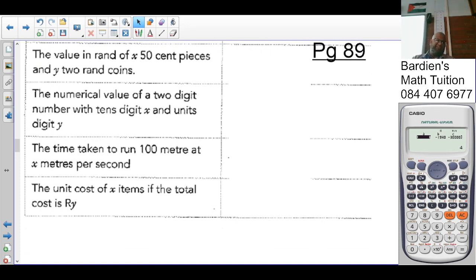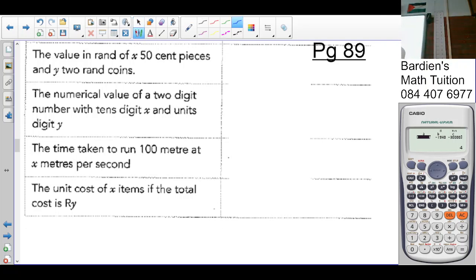The value in rands of x 50-cent pieces and y 2 rand coins. Okay, let's put this in terms of numbers.